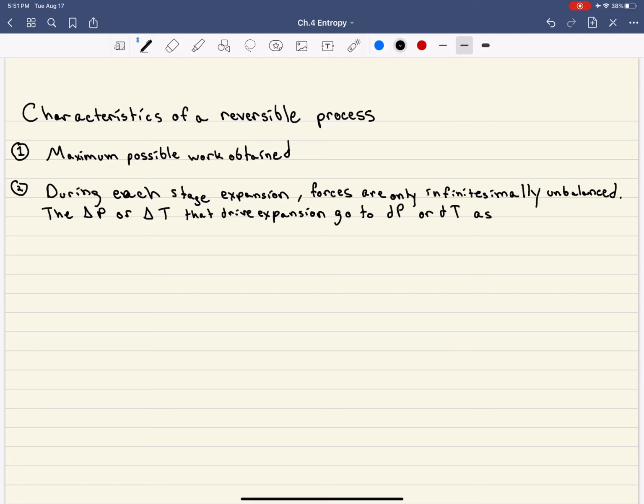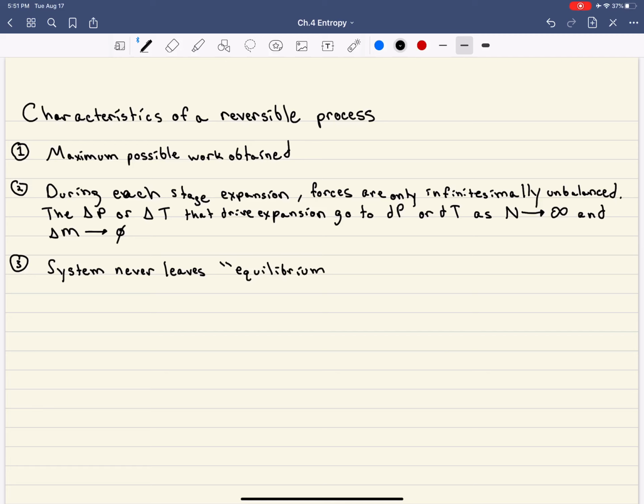And this occurs as the number of steps in that expansion increases to infinity, or if you're just thinking about the example in terms of grains of sand that you remove from the top, the differences in the grains of sand or the mass of the force acting against the gas has to go to zero as well. Because these steps are so tiny, the changes in the system are also very tiny. That means that the system never leaves equilibrium.